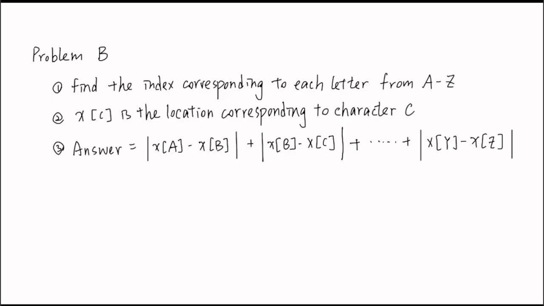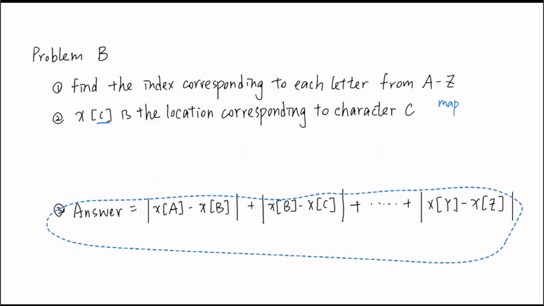For this problem, we can record the index corresponding to each letter from A to Z. So we can store this in a map and record the index corresponding to each character. So for example, we can look at sample input 2.